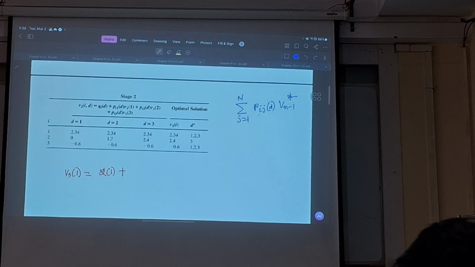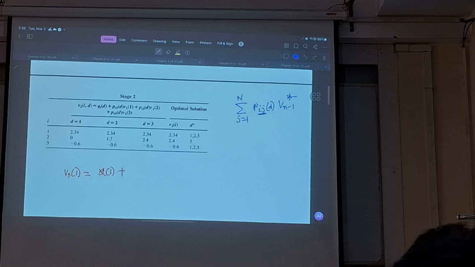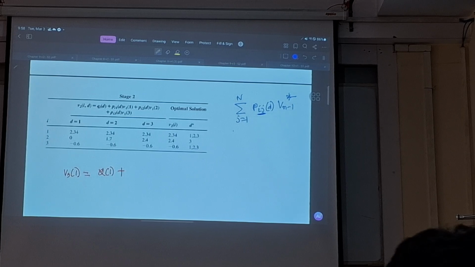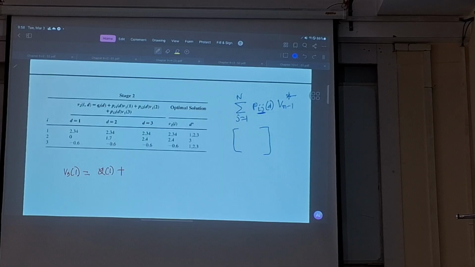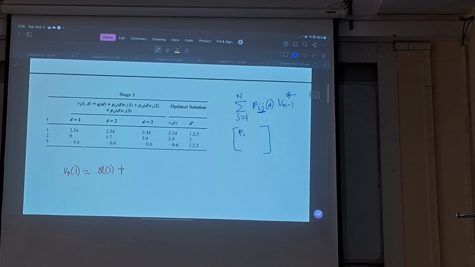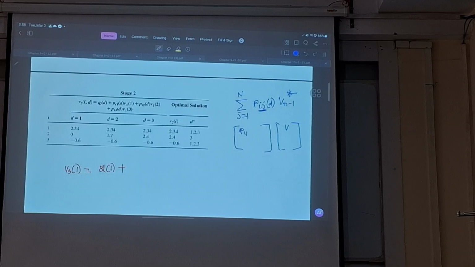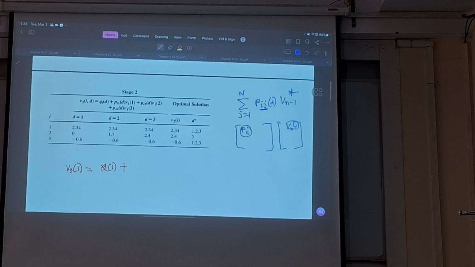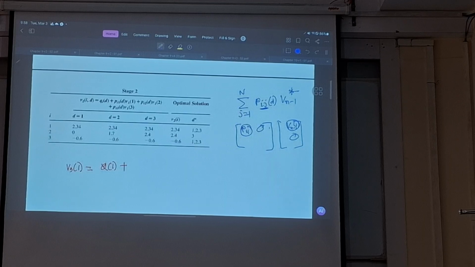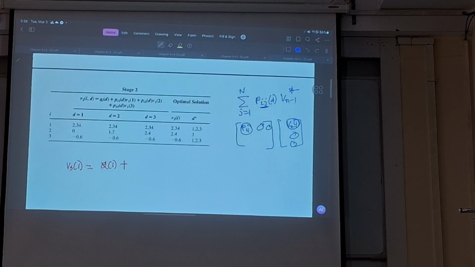So here what are we doing? If this is the probability transition matrix, then P11, and if we have this vector here, En minus 1, then actually this one is multiplied with this one, multiplied with this one, multiplied with this one, and then added together.